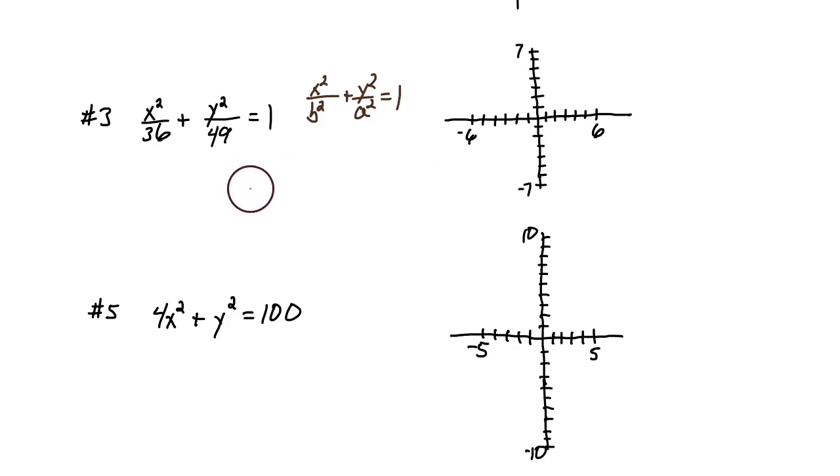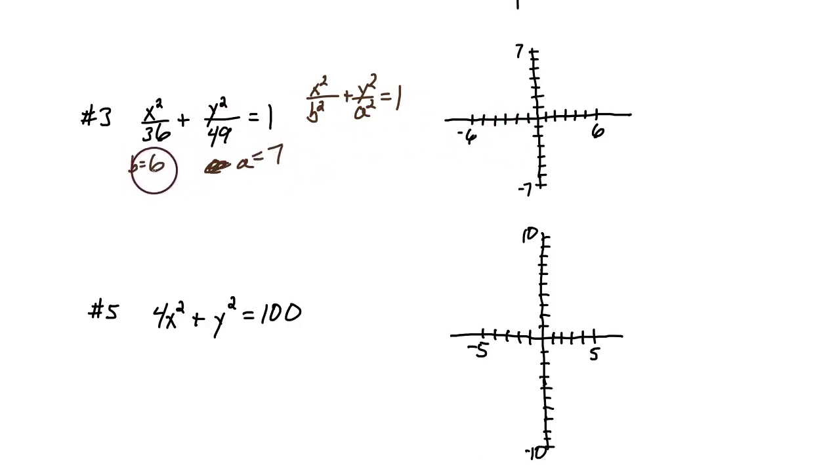In an ellipse, because of the definition of what a and b are representing, a is always a longer number than b. So if this one here is the larger denominator, then it has to be the one that involves variable a. So doing square roots, we can see that b is 6 and a is 7.